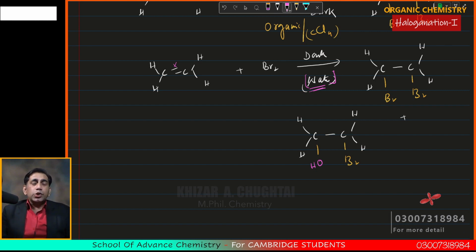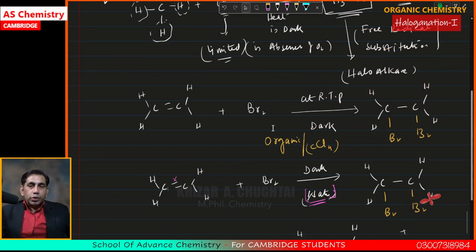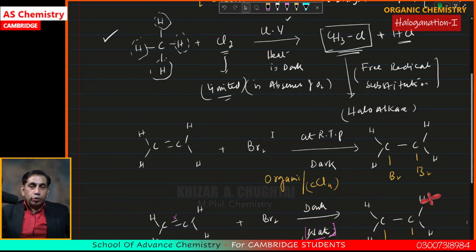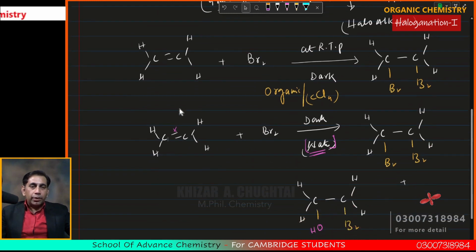So in this way, we can introduce halogen to the carbon-carbon double bond. So I told you today the two methods of introduction of halogen. You can introduce halogen to alkanes, you can add halogen to carbon-carbon double bond, and so on.